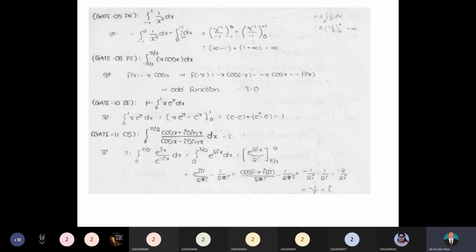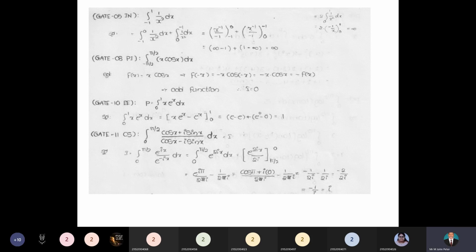So x becomes pi by 2, e power 2i into pi by 2. That 2 gets cancelled, so you get e power i pi divided by 2i, minus e power 0 by 2i. Actually, it is not pi; simply 2i only in both terms.